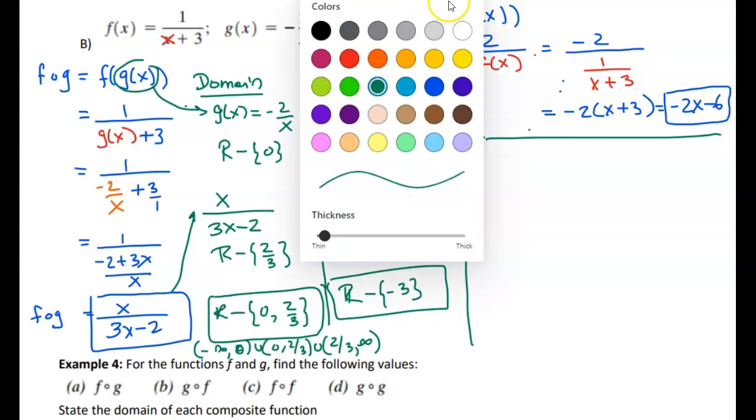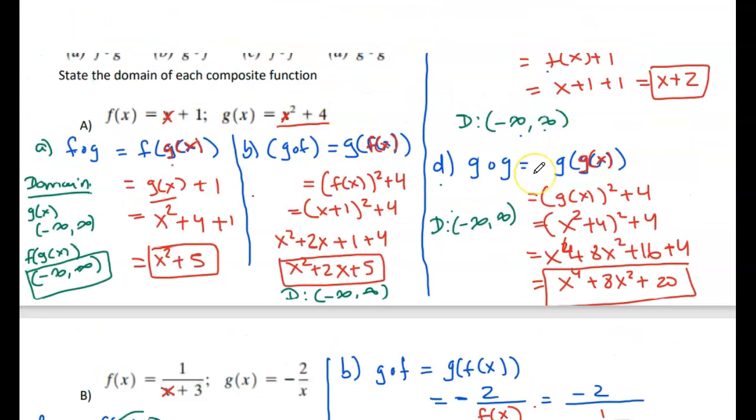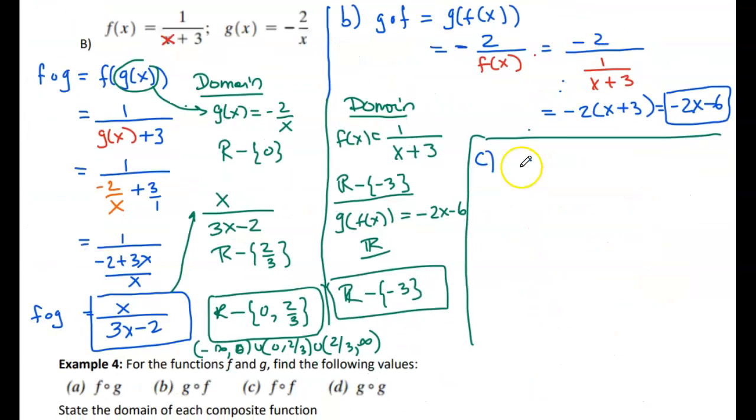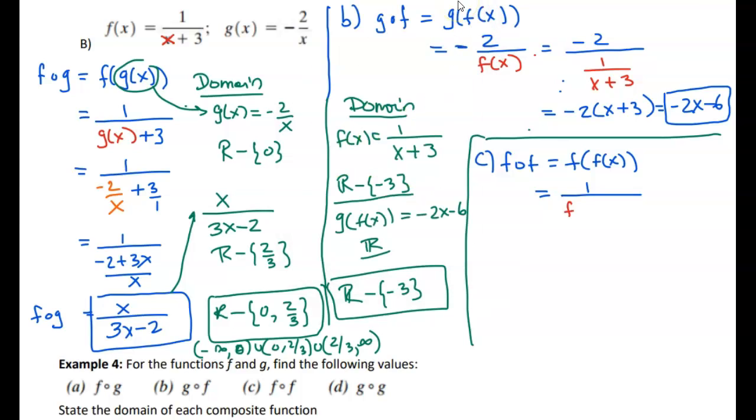All right, let's look at C. All right, C was f of f. So f of f, we have f plugged into f. Okay, so we have 1 over x plus 3. So the x gets replaced by f of x.